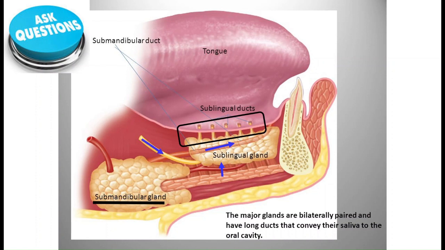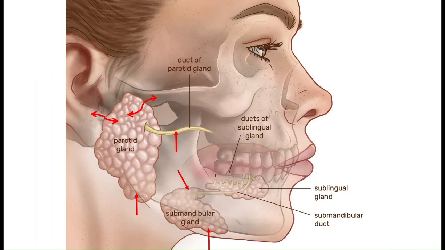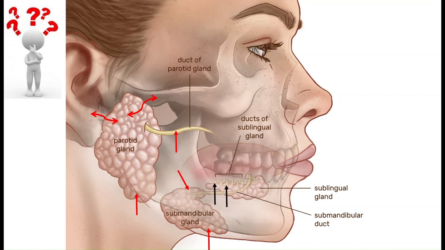And then here is a nerve, the lingual nerve, crossing the duct. A quick revision of several parts of the salivary glands, and this picture is left for you to study, whatever you can extract out of this image.